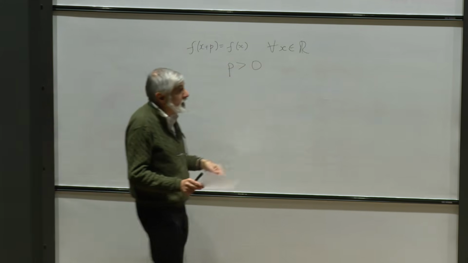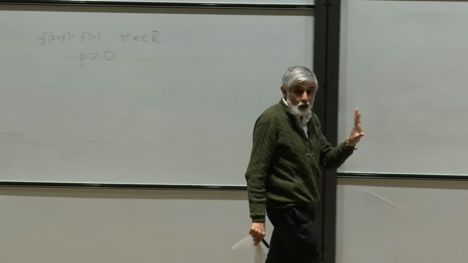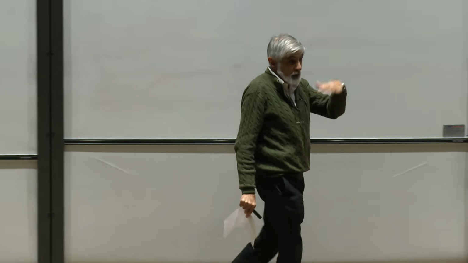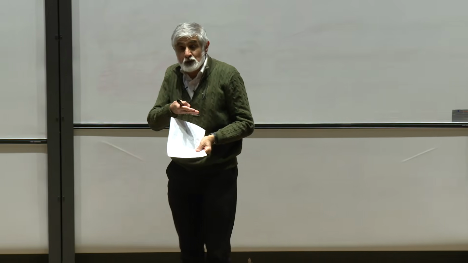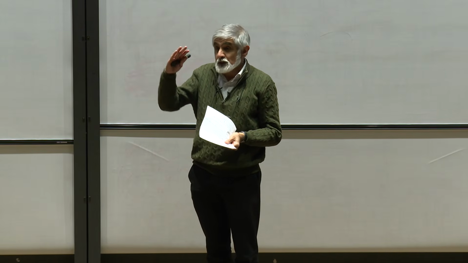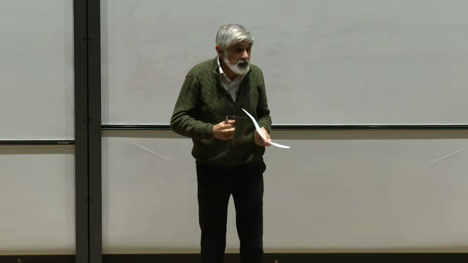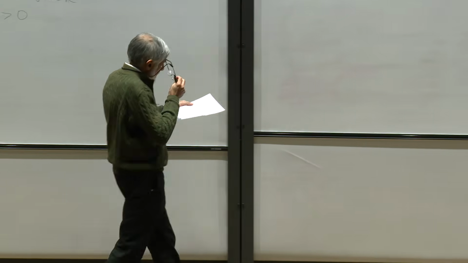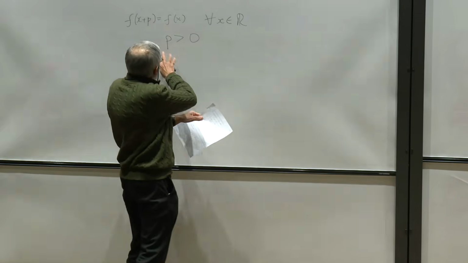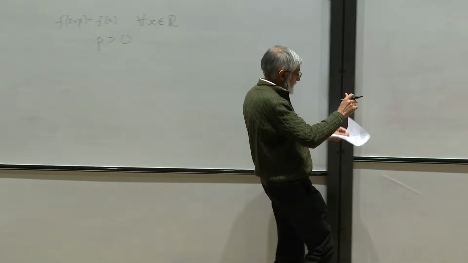So today we're going to do a bit more work on the definitions of periodic functions and examples, talk about odd and even functions, and then go to Fourier series and discuss how you actually calculate the Fourier series. Okay? So we're going to start off with some exercises here.